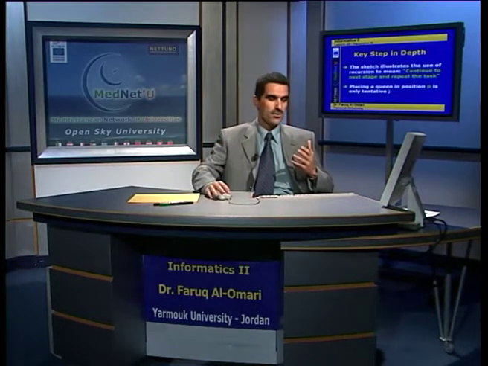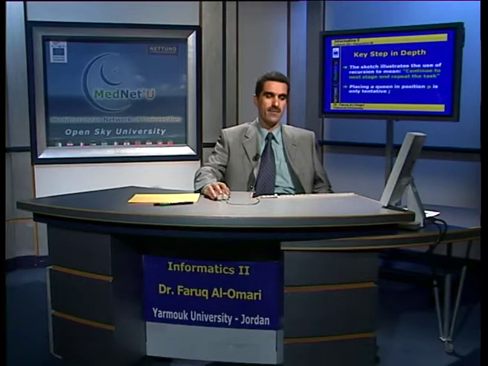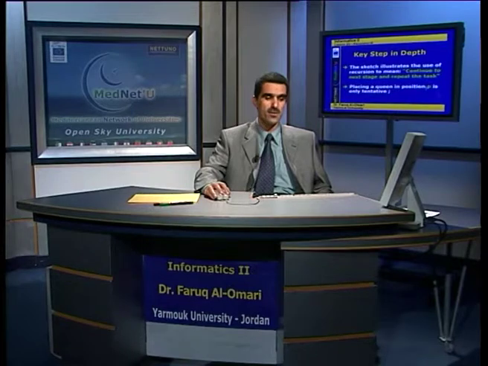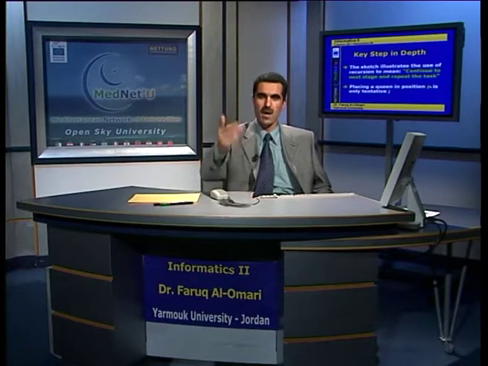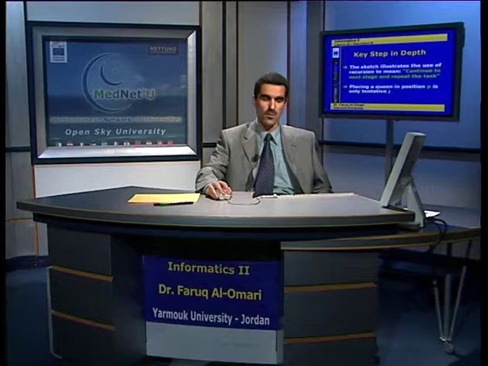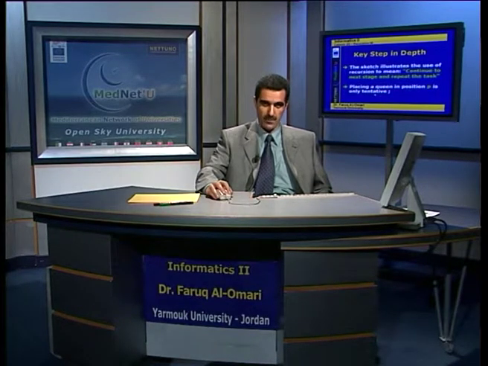So if I place a queen at position P, it doesn't mean that this queen is now in its final position and that I'm happy with it and will just go to the next step. Rather, I could decide to remove it, and that's why that position is tentative only.